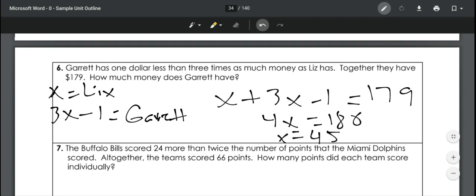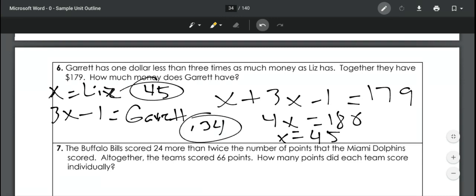So 45 represents how much Liz, who I didn't even spell her name right, has. And then we would put that in times 3 minus 1. Oh, we don't want to know how much Liz has, we want to know how much Garrett has. So we found Liz is 45, then we have to times by 3 minus 1. And so Garrett has $134.